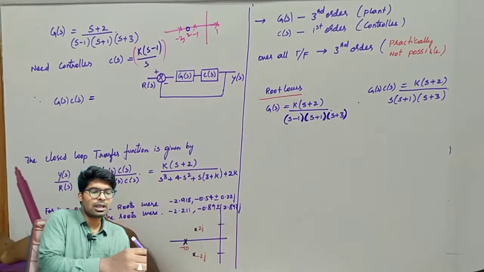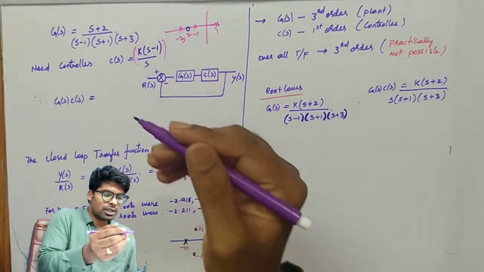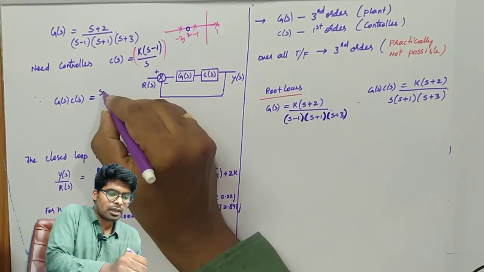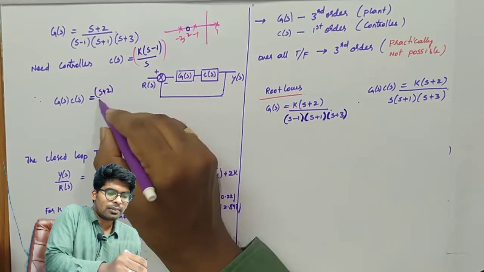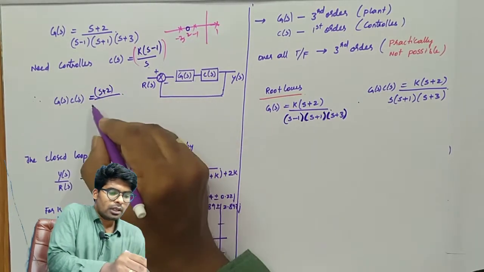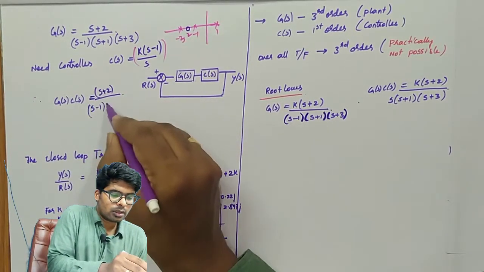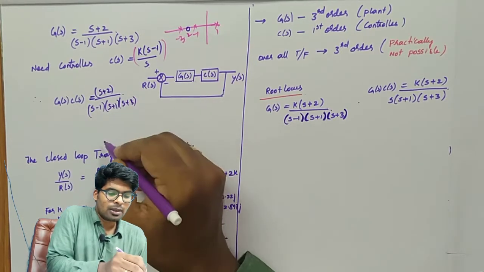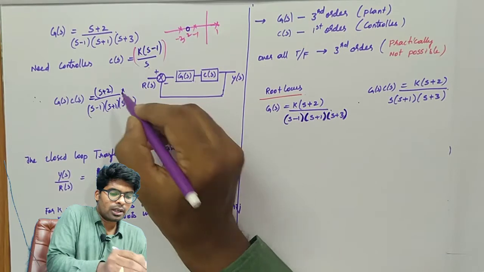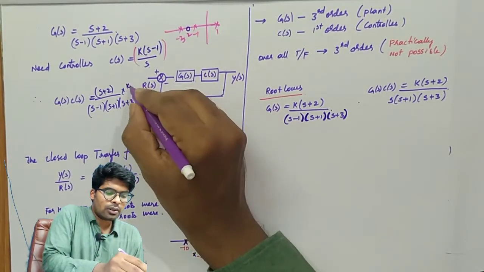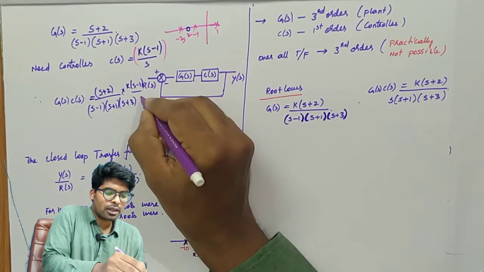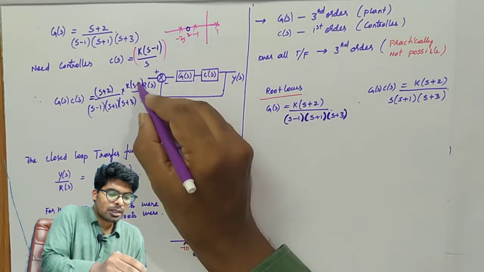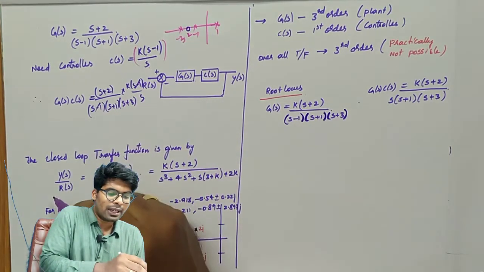So now the system changes like this. We have the plant with (s minus 1) and (s plus 1), and we are adding the controller, K into (s minus 1) by s. So this zero and this pole get cancelled.